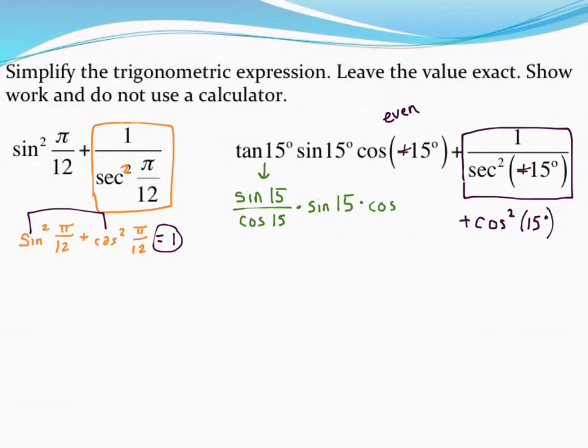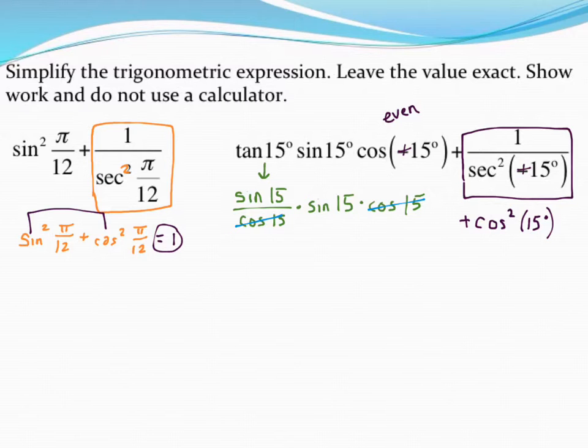Part of these problems is figuring out ideas that work and trying other strategies if your idea doesn't work. All three of those pieces were being multiplied together. Since I've got a cosine of 15 on the bottom, that'll cancel out with the cosine of 15 that I was multiplying by. So those two pieces are gone. What's left is sine of 15 times sine of 15.